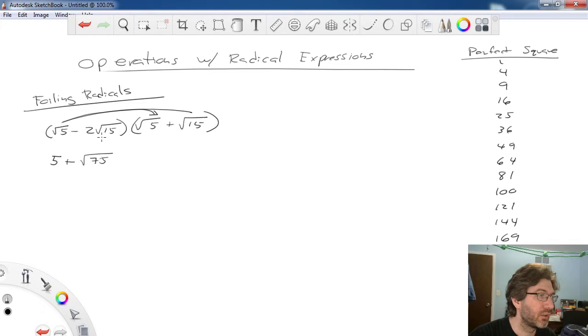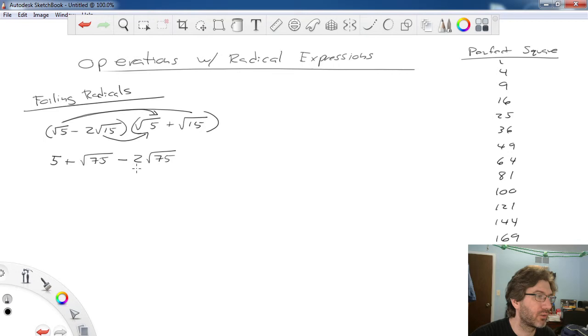Then going to take 2 square roots of 15 times the square root of 5, and that's going to give us, let's see here, just looking at it, I'm not sure we can reduce much there, but it is negative because this is a negative, and then 15 times 5 gives us another 75, so that's 2 square roots of 75.